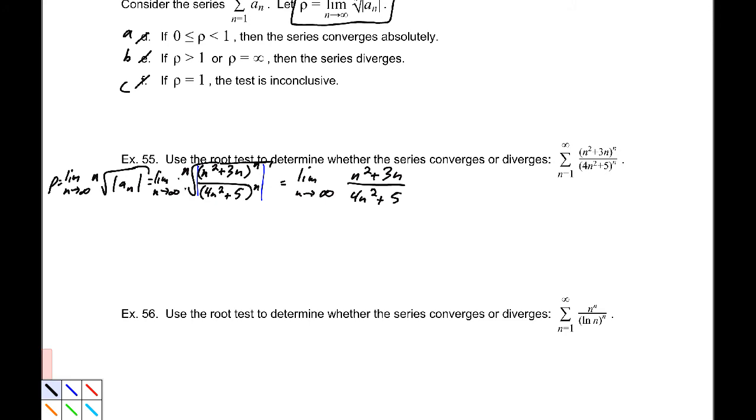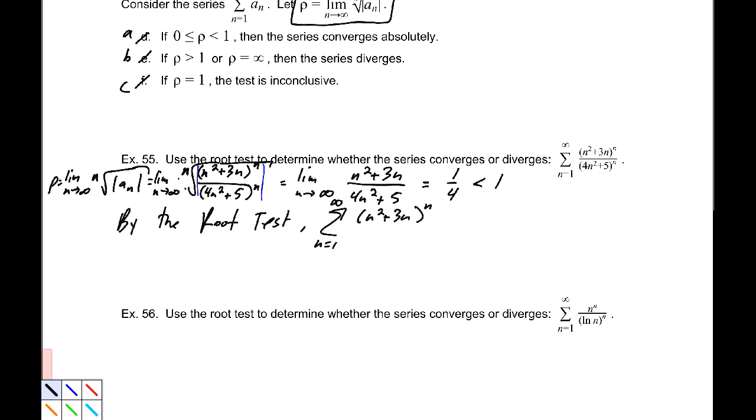Now, same logic as in those previous questions, this limit is 1/4, which is less than 1, which means that by the root test, the series from n equals 1 to infinity of n squared plus 3n to the n over 4n squared plus 5 to the n converges.